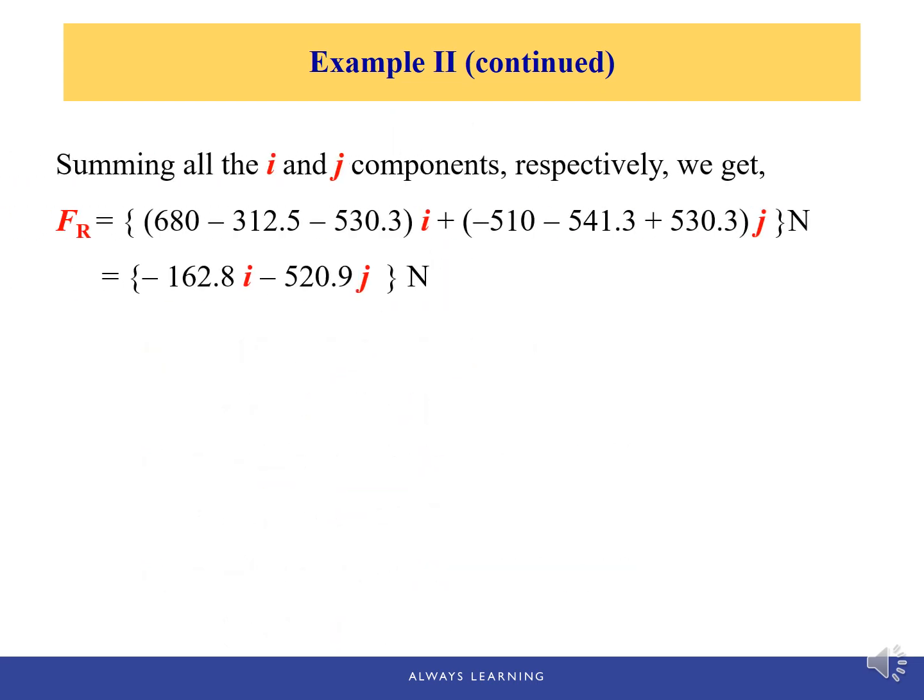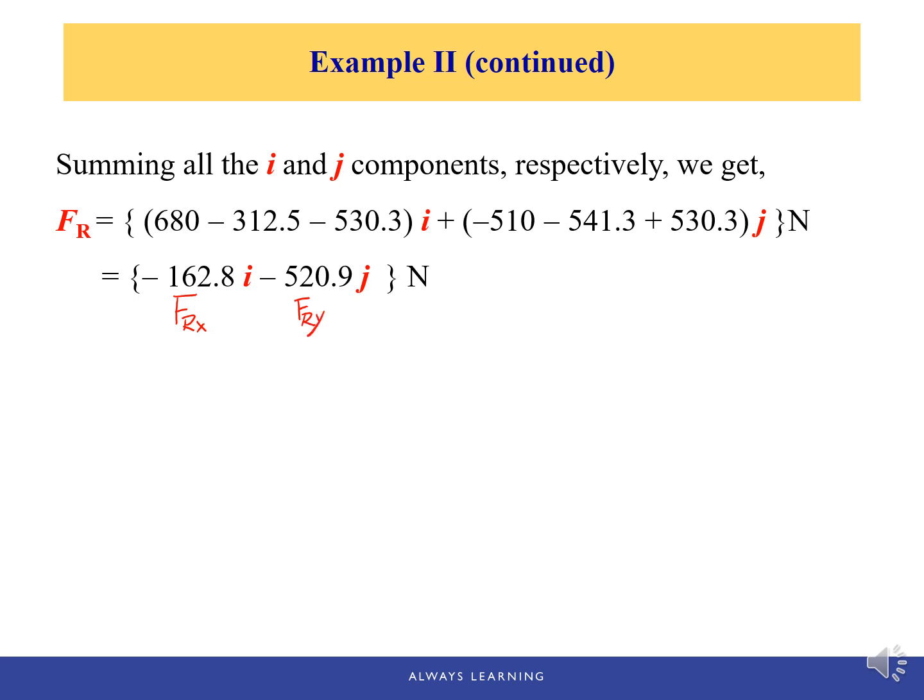The next step would be summing all the i hat and j hat components respectively to have the i hat for the resultant force and j hat for the resultant force, which represent FRx and FRy.